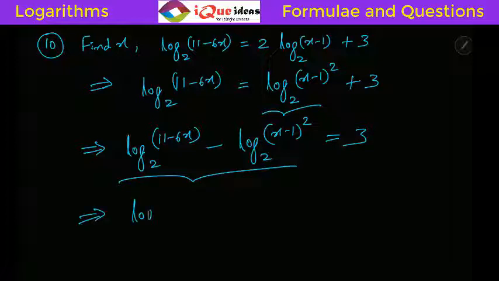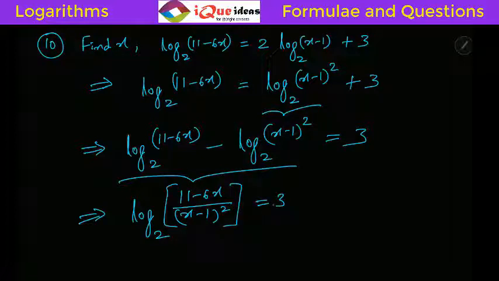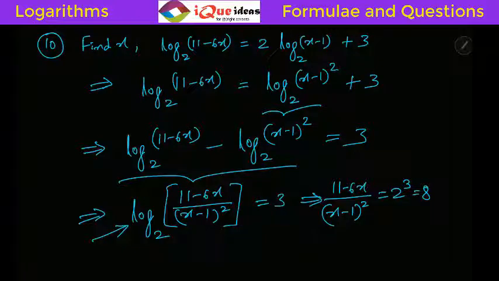We can say it is log to the base 2 of 11 minus 6x divided by x minus 1 whole square. Right? And this whole thing is equal to 3. This means if I remove this log, what will happen? 11 minus 6x upon x minus 1 whole square will become 2 to the power 3, and that is equal to 8.